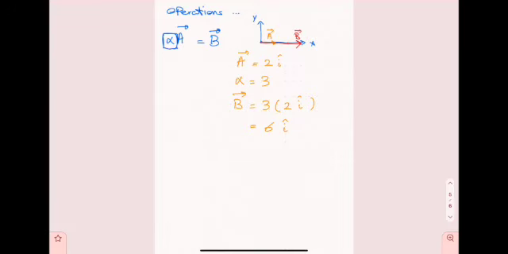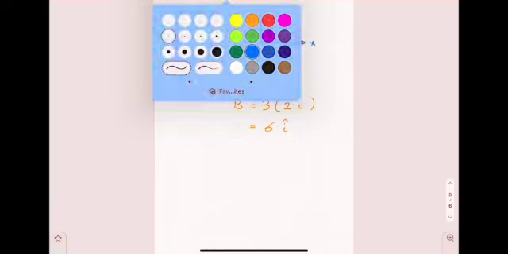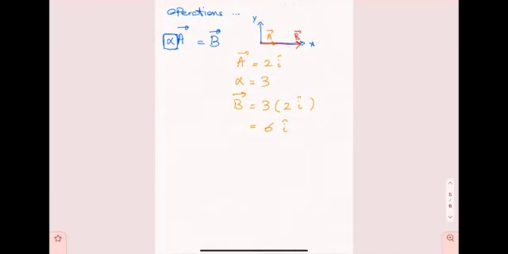So for example, if in this example alpha is negative, for example, -1. Okay, so again, let me sketch quickly. X, Y, yeah. And then I have my A vector. But in this case, alpha is -1. So what are we gonna get? So B is -1 times A. And A is 2 i hat.